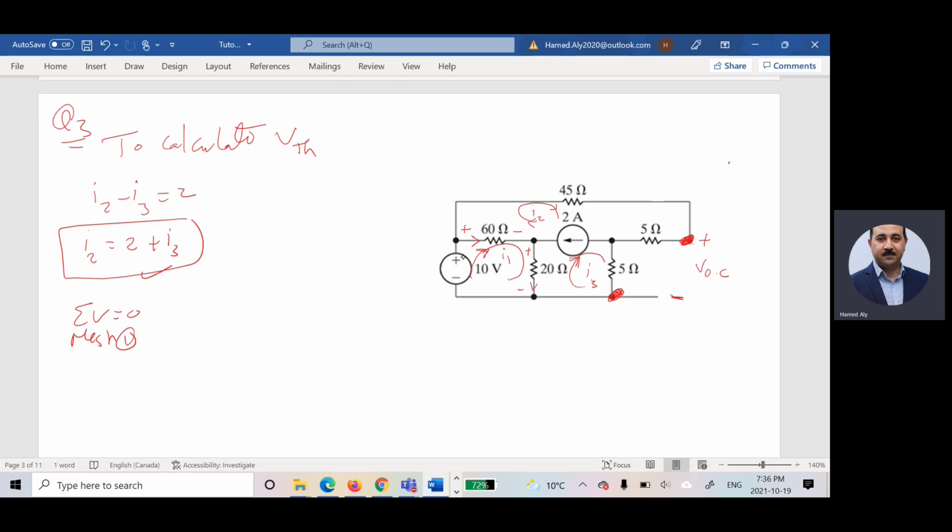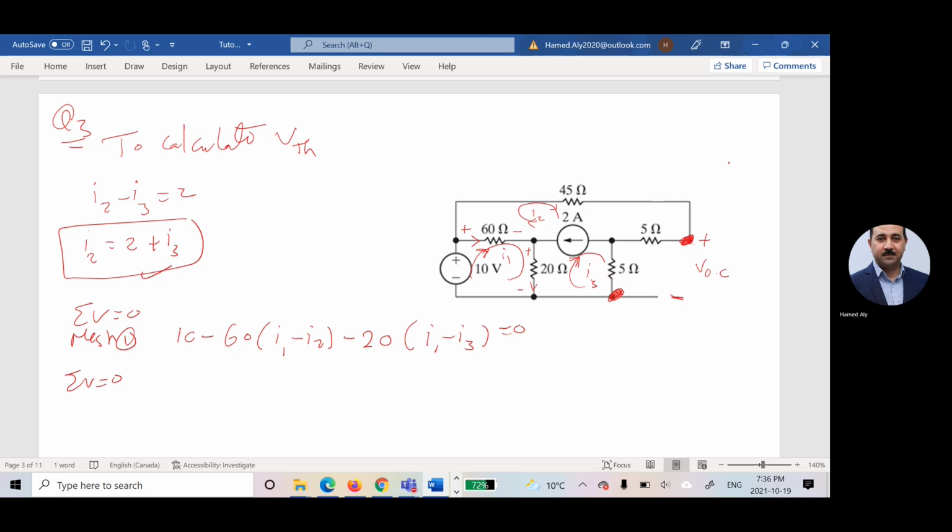So I can say the second sign here is positive, negative, negative. So based on that, I can say 10 minus 60 multiplied by I1 minus I2 minus 20 multiplied by I1 minus I3 is equal to 0, right? And then summation V is equal to 0 for which mesh? This mesh?